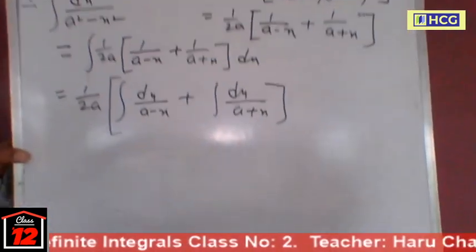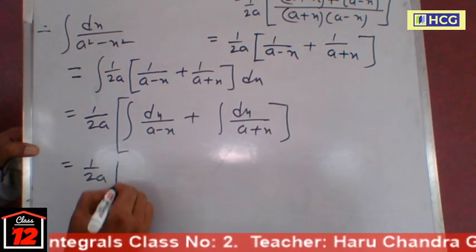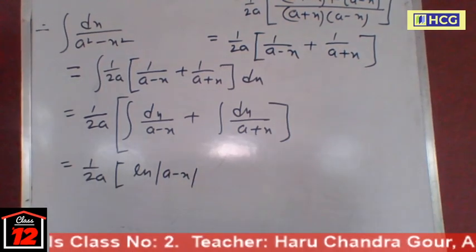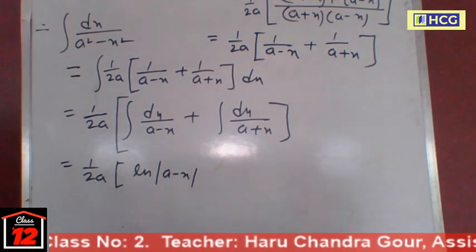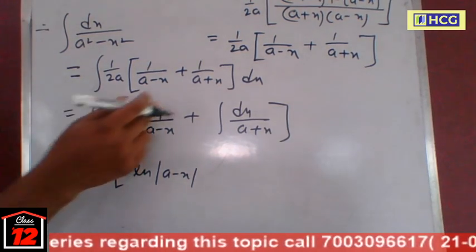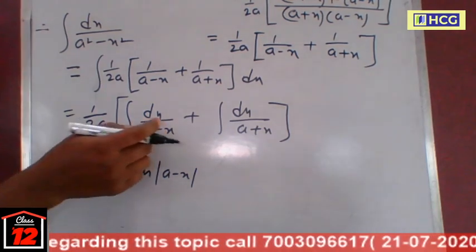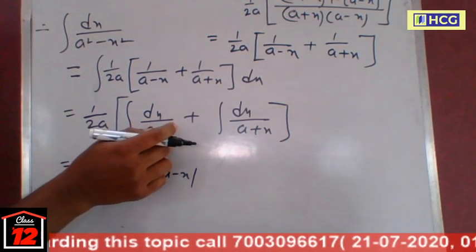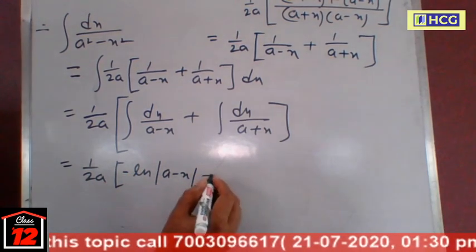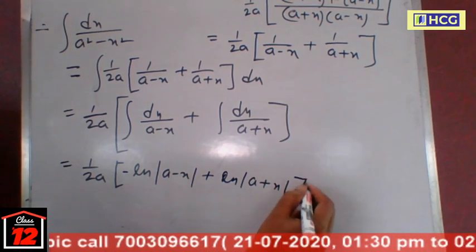Now this equals 1 by 2a into minus ln mod a minus x, because the integral of dx by a minus x has the sign of x negative, plus ln mod a plus x.